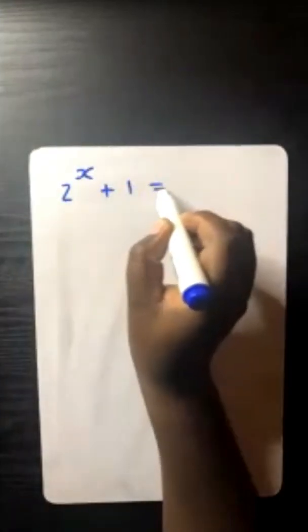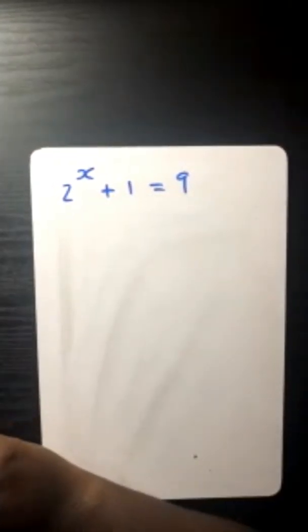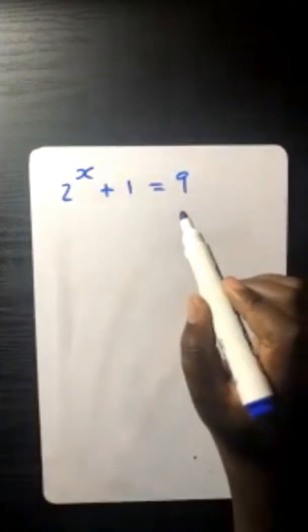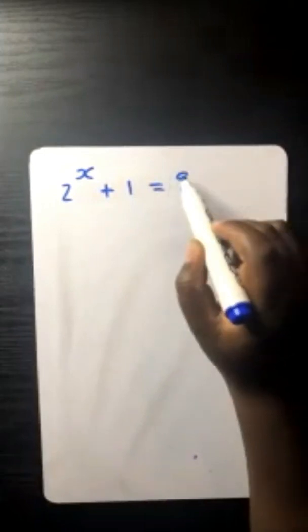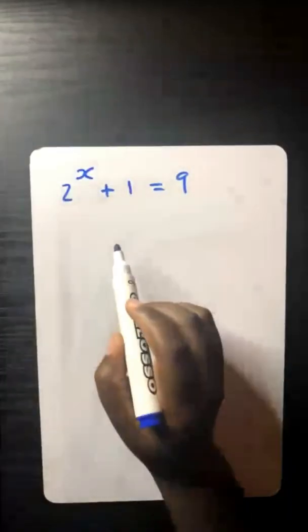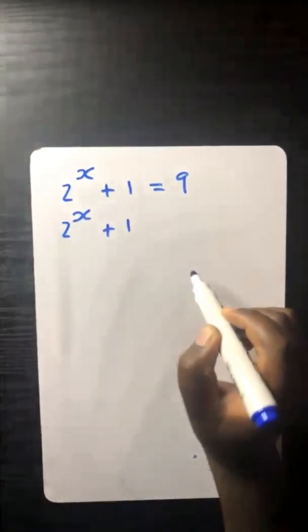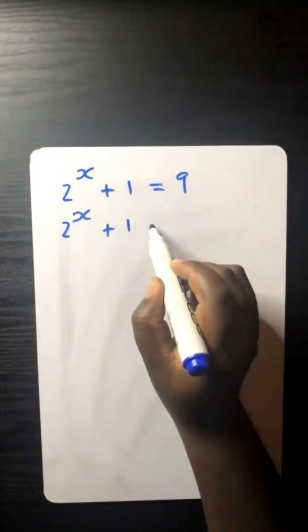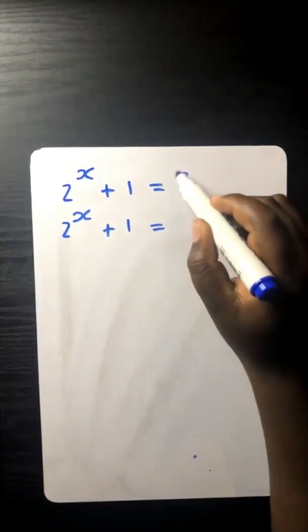So now, let's see. We've got 2 to the exponent x plus 1 is equals to 9. So according to our steps, firstly, we need to rewrite the numbers to their smallest bases. So 2 is in its smallest base. So you can just write it as 2 to the exponent x plus 1, and this is equals to, obviously, 3 squared.